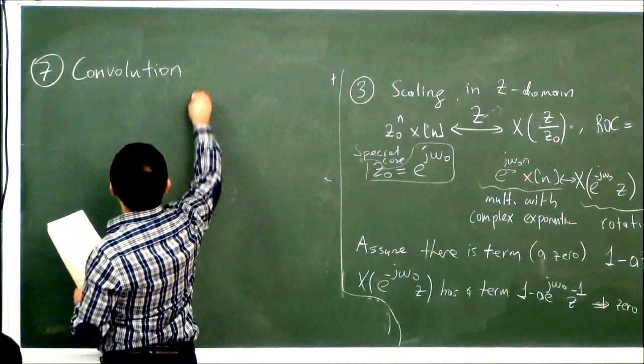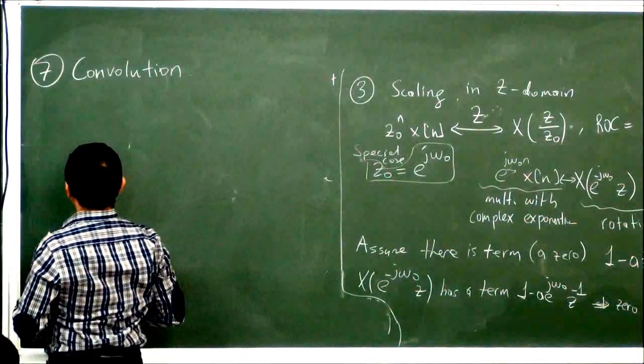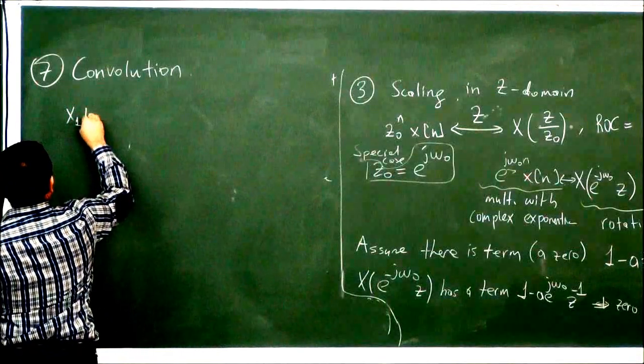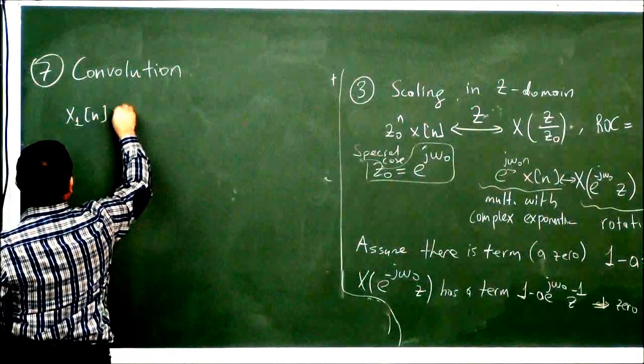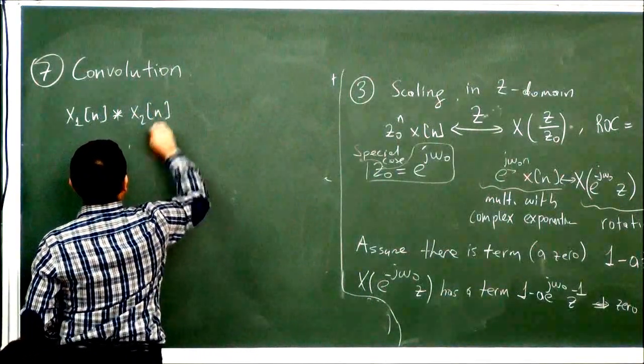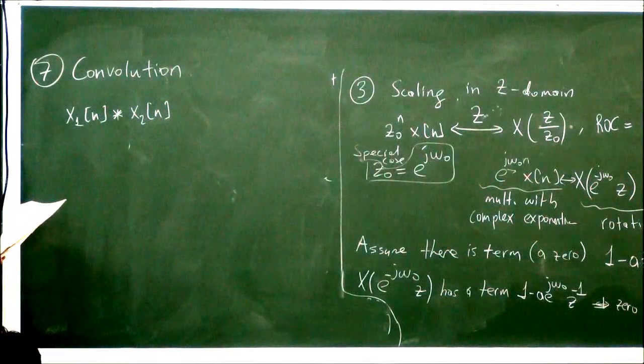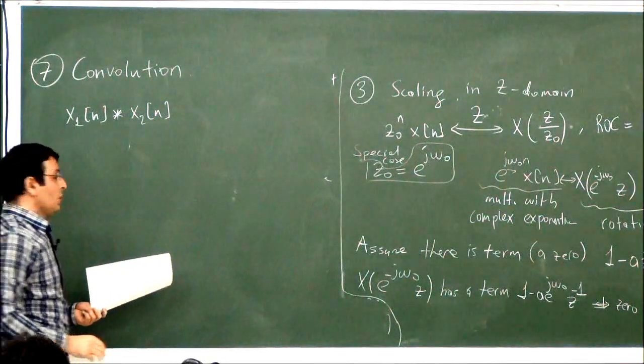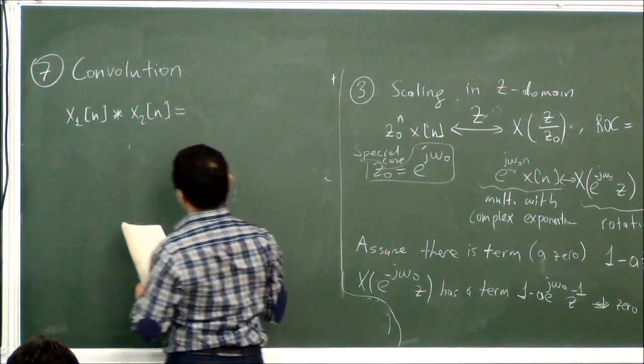Another important property is the convolution. Let's say you are convolving two discrete sequences, or signals.